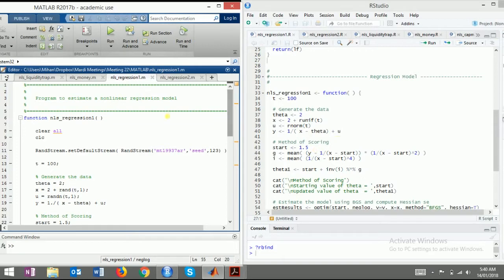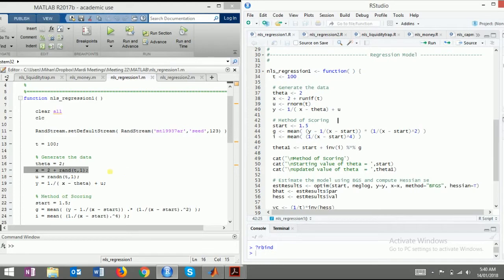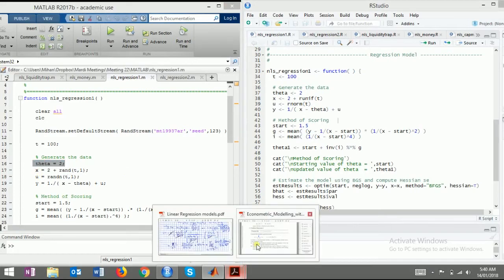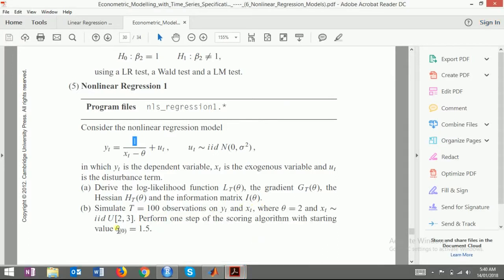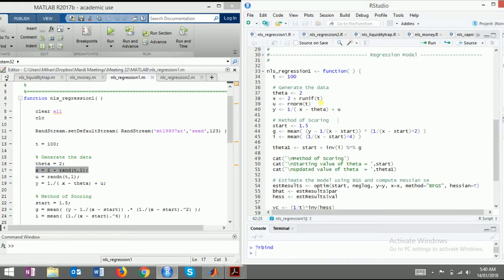T equals 100 is the number of observations. First we need to simulate data with given theta equals 2. Let's have a look. Given is theta equals 2, and x is 2 plus runif(T, 1), because the mean is 2.